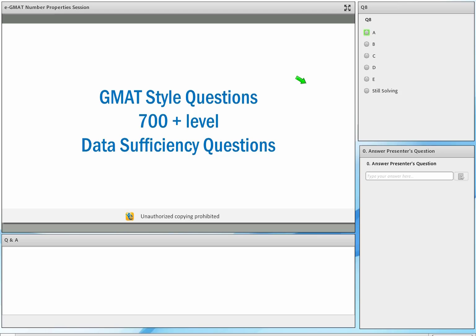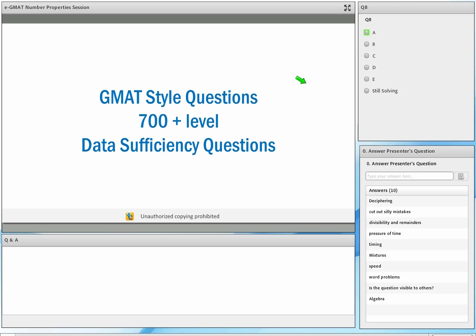It could be with regards to I face problems in doing such and such stuff. Okay, deciphering, cut out silly mistakes, divisibility and remainders. All right, you are at the right place then. Data sufficiency, ability to resolve 700 plus questions, geometry and coordinate geometry, concepts and strategy, solving in less than 2 minutes. Okay, word problems, combinations and permutations, careless mistakes, pressure of time. All right, speed. Okay, so it's a pretty big mixed bag now.